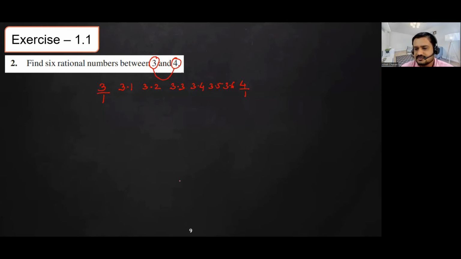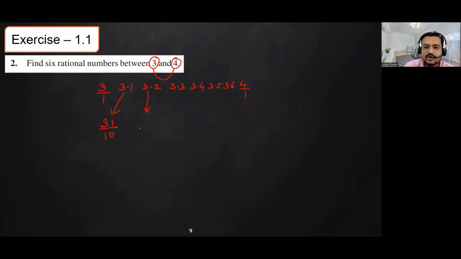We have to write 6 rational numbers between 3 and 4. And these are the values 3.1, 3.2, 3.3, 3.4, 3.5, 3.6. These are the values between 3 and 4. Can I write this 3.1 like this, 31 upon 10? Now it became in the form of p by q.